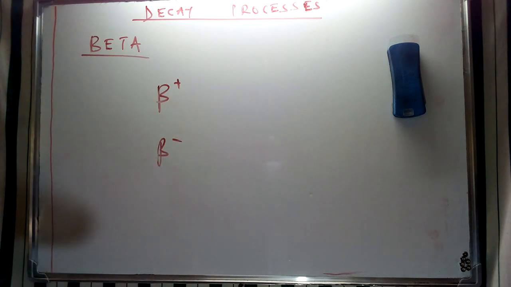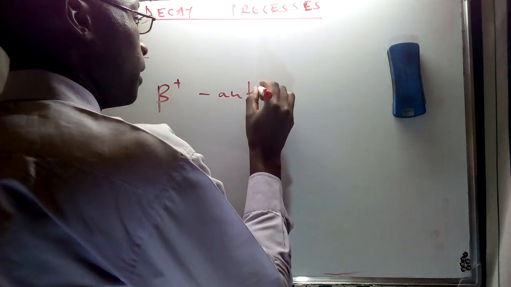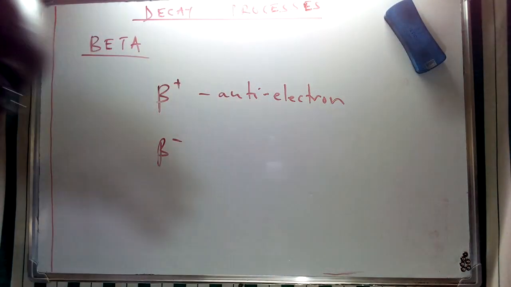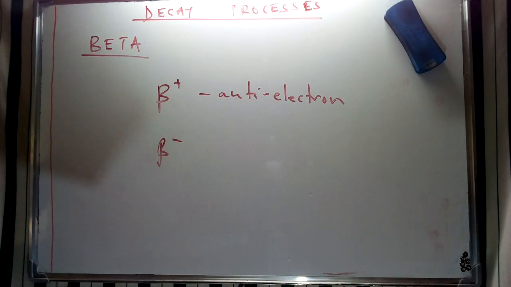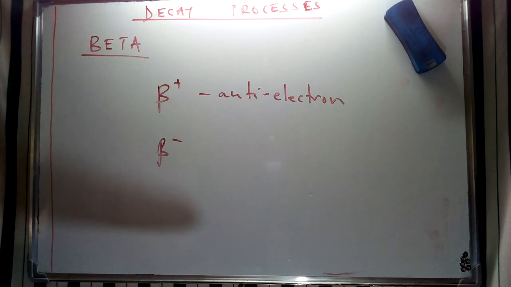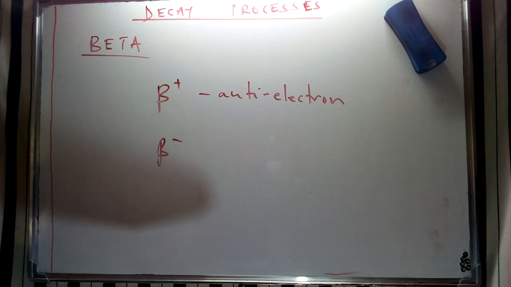The beta positive is an anti-electron kind of decay process, in which a proton changes into a neutron in the nucleus of that radioactive isotope. Then we have the second aspect, beta negative, whereby a neutron changes into a proton.